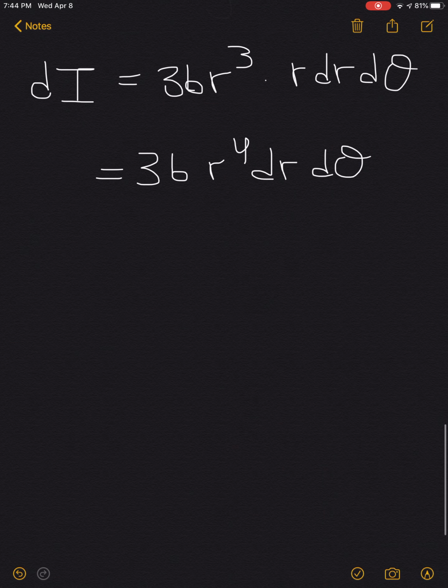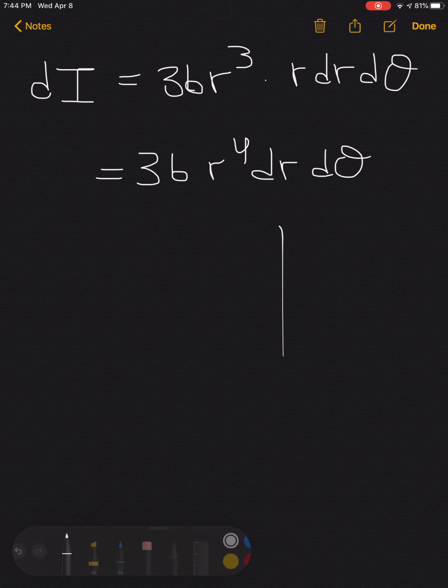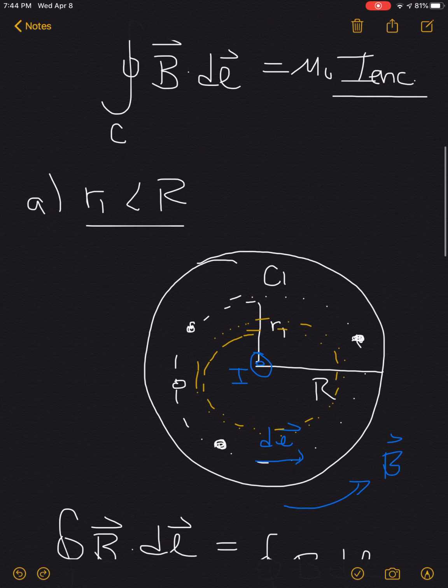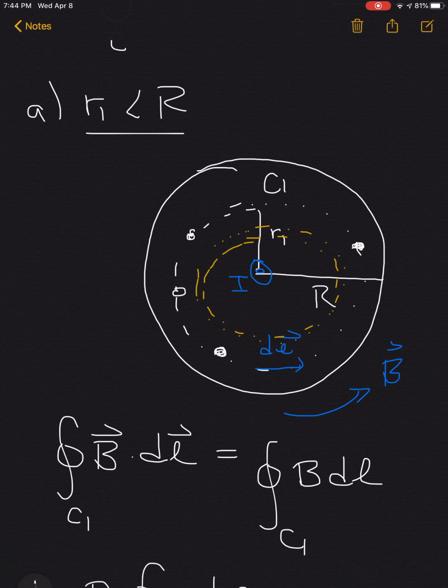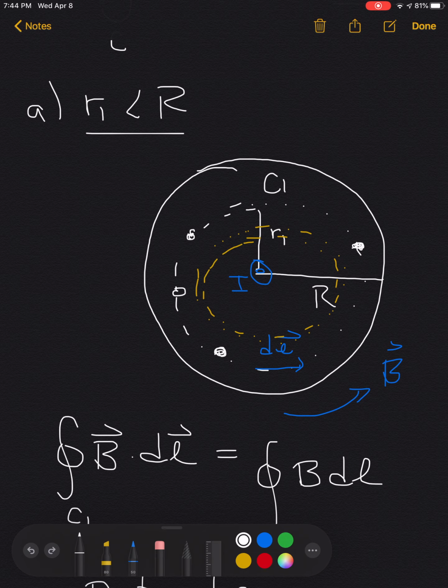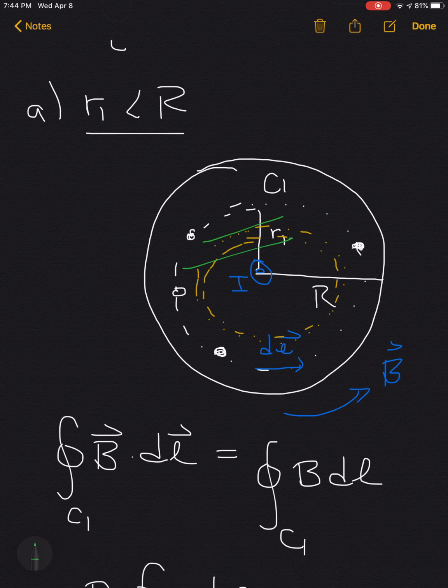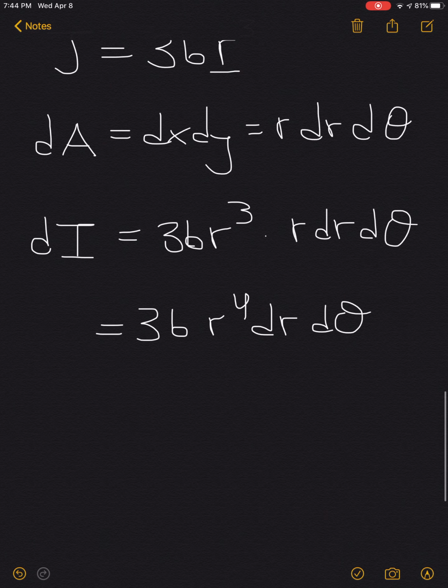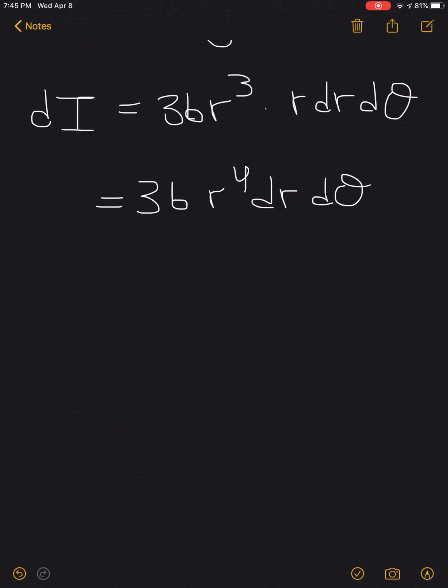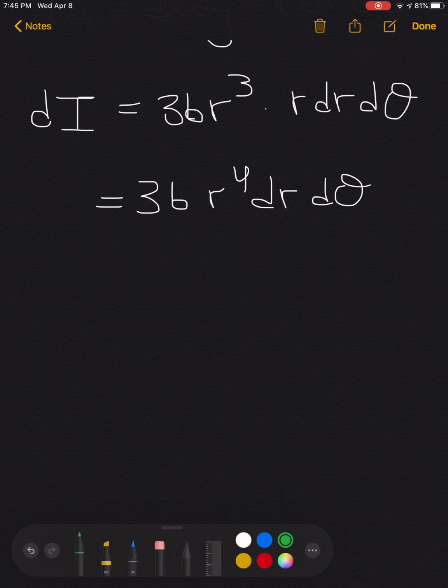Now, if I want to find the total current enclosed up to a radius r1, let's just go up for a second. We want to find the total current that's enclosed in this area here. So we are going to integrate from the origin all the way out to there. Because some little amount of current is given by dI in this form.